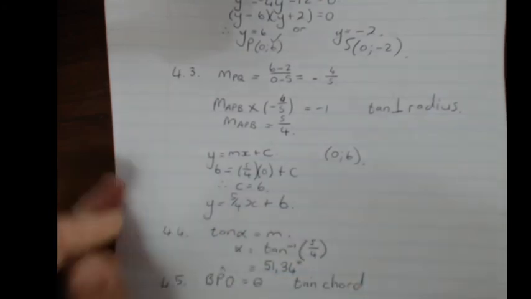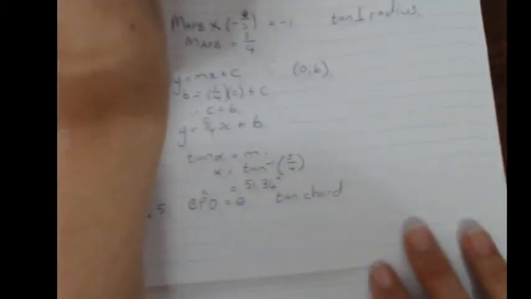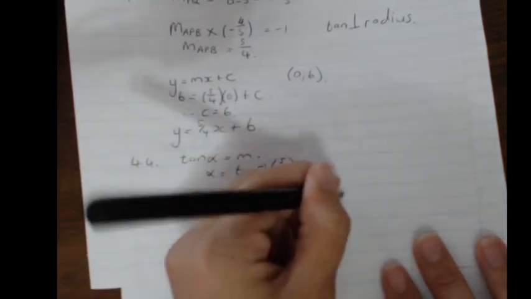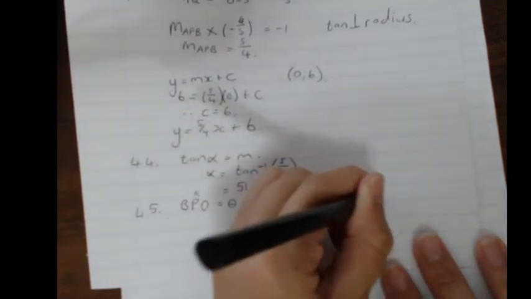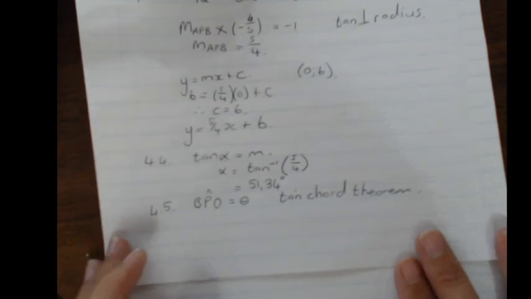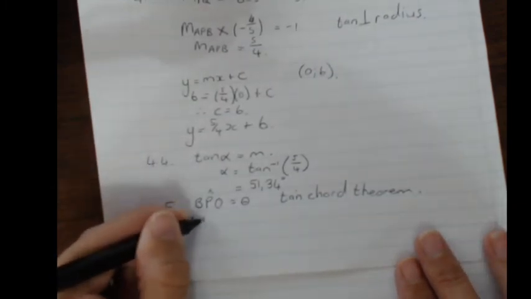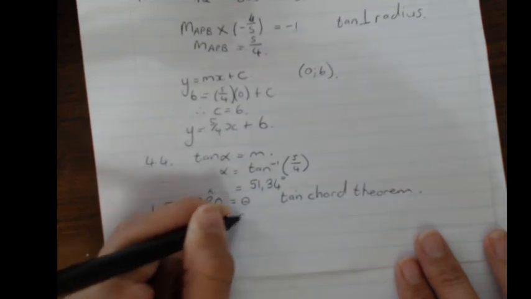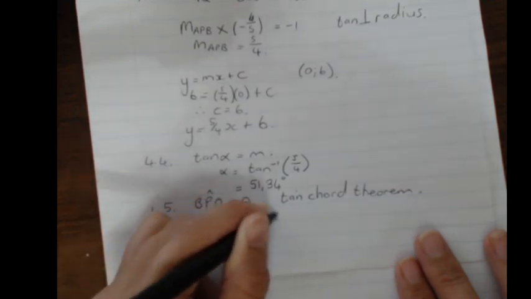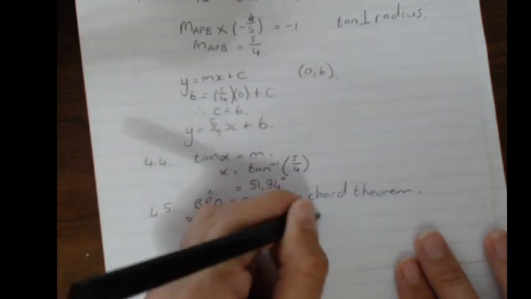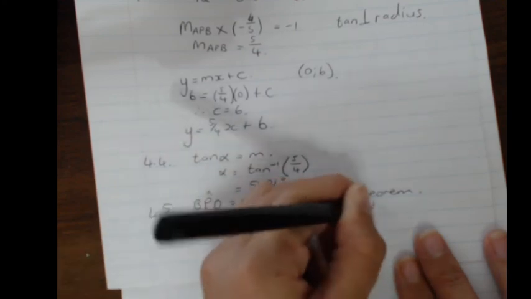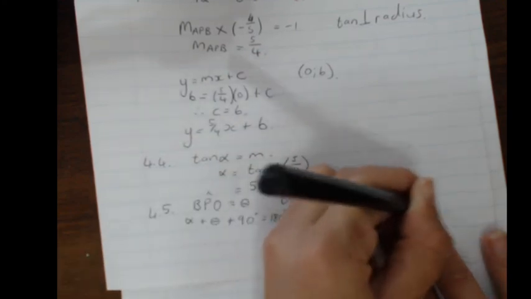Normally in analytical, I wouldn't bother too much with reasons, but because they said with reasons, I must now do it. So BPO is theta, and then alpha plus theta plus 90 degrees is 180, because of the sum of angles of a triangle.